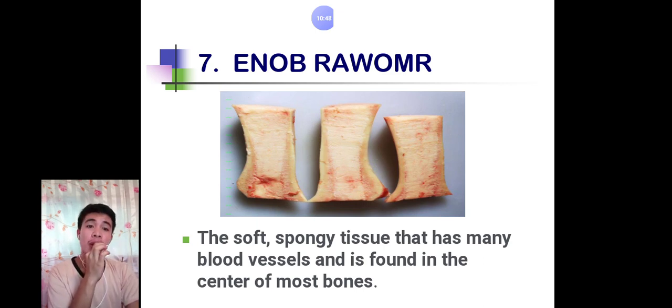The soft spongy tissue that has many blood vessels and is found in the center of most bones. Okay, your timer starts now.